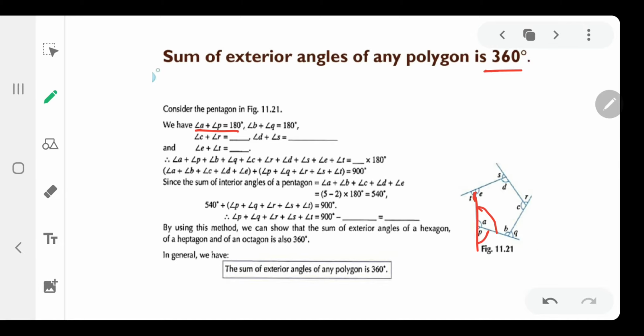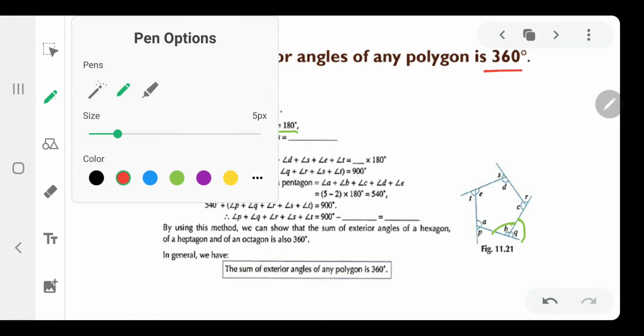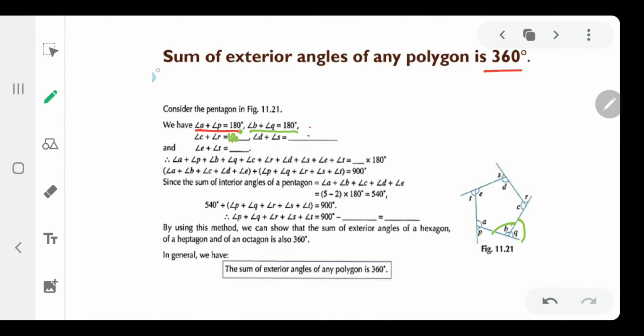Similarly, B plus Q: here we have B and angle Q. Their sum will be 180 degrees. Similarly, angles C and R, their sum will be 180 degrees. Angles D and S, their sum will be 180 degrees. E and T, their sum will also be 180 degrees.